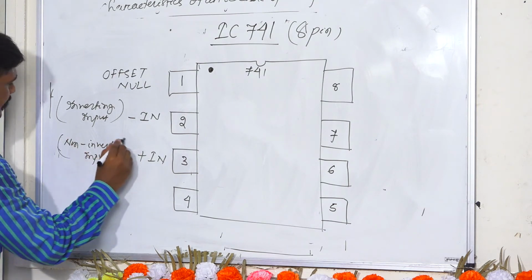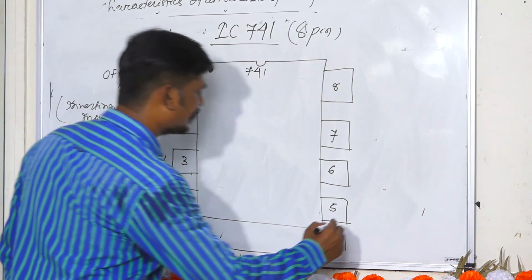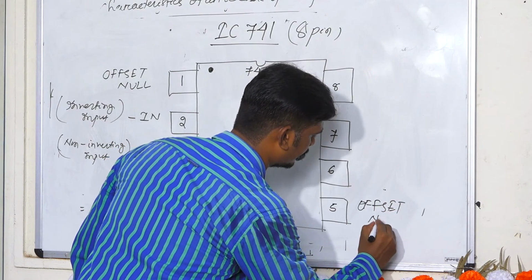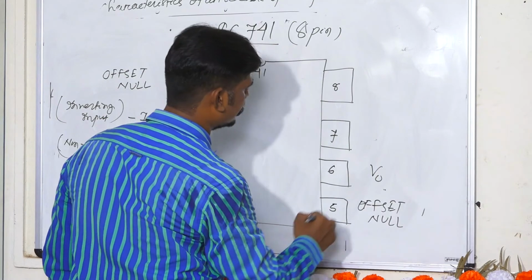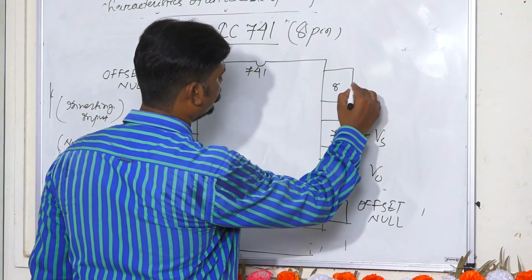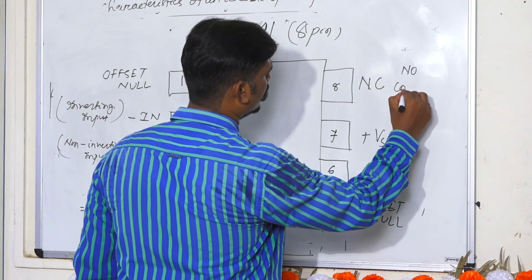Pin number 4 is your negative supply voltage. Pin number 5 is again offset null. Pin number 6 is your output voltage. Pin number 7 is positive supply voltage, and pin number 8 is NC, that means no connection.